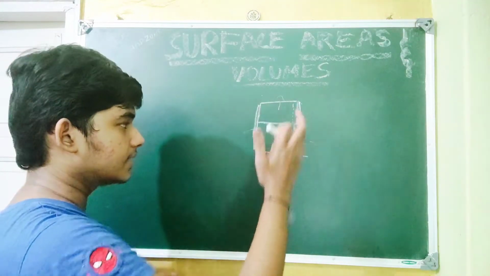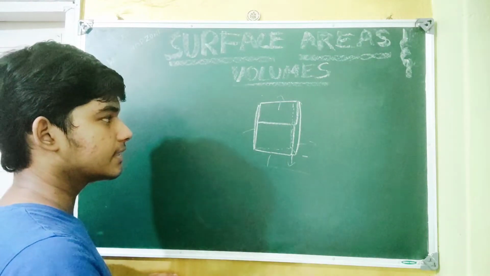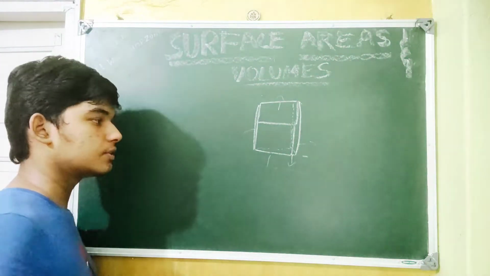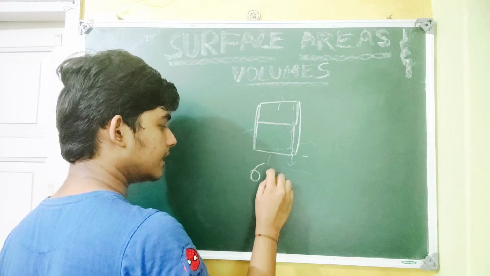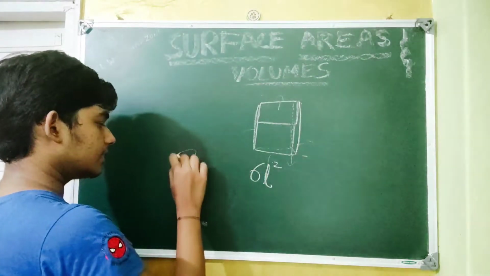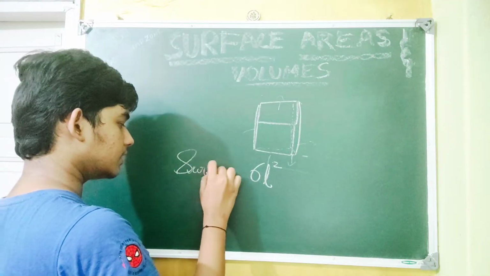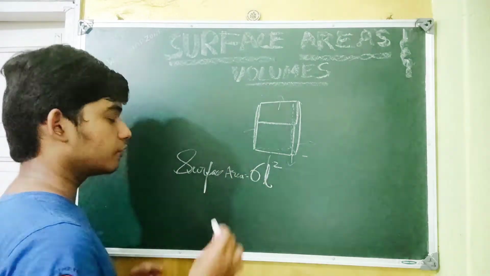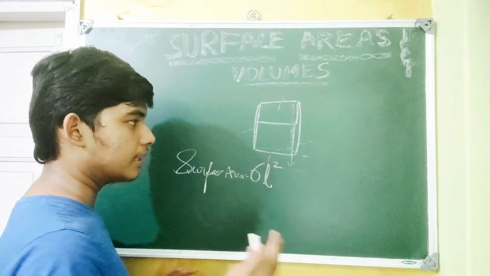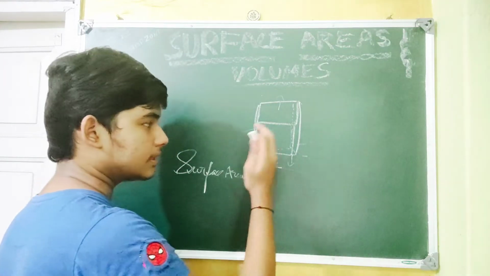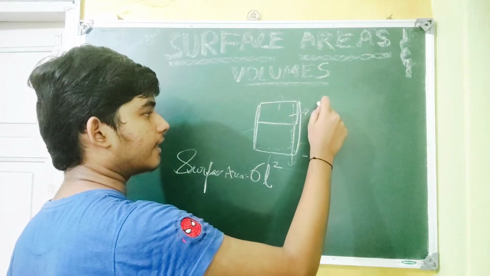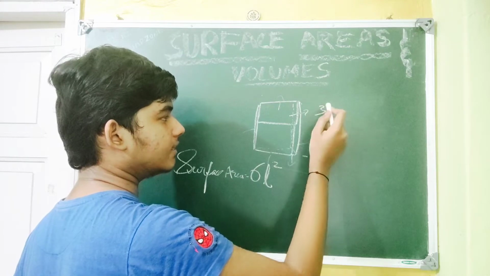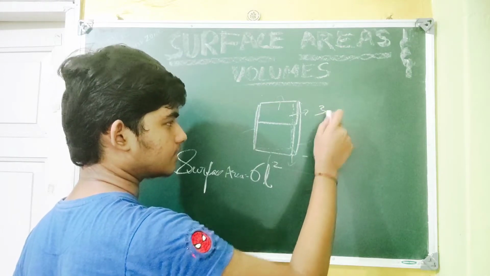Now you all have 6 sides, right? And if the 6 sides are equal in length, you can use something called 6L square. So this is the formula for the surface area of a cube. For example, let's say all sides of a cube are 3 meters.